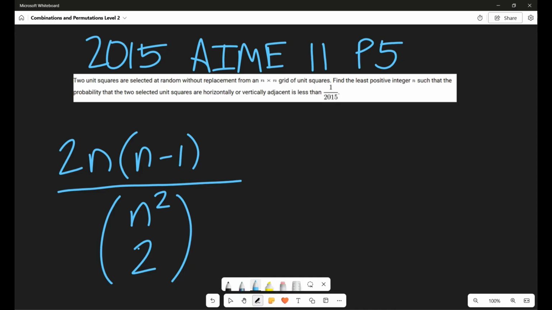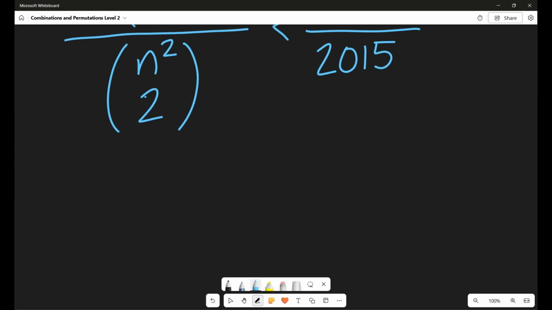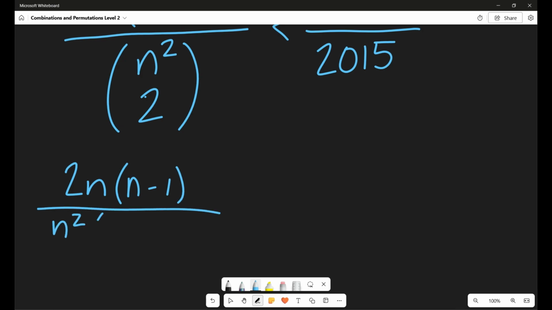Now it just comes down to simplifying this and making sure it's less than 1 over 2015. So when we do that, this left side comes out to 2n times n minus 1 over n squared times n squared minus 1 all over 2, but the 2 will go into the numerator.